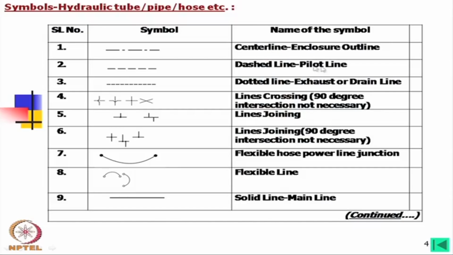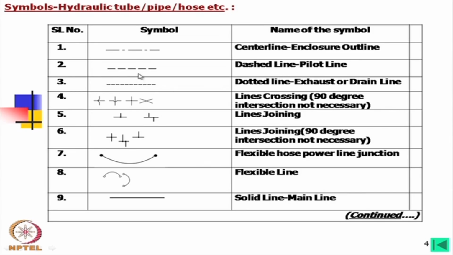This means that it might be a manifold. If you look at the component, it is as if a single component, but inside there might be a directional valve, a check valve, a pressure relief valve, a pressure control valve, and so on. Now, this dashed line usually means a pilot line. Why usually? I would say this is the pilot line.